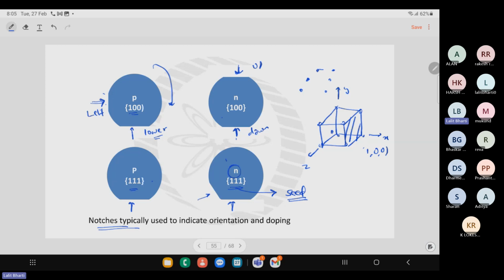This is basically your Miller indices, and the curly brackets give you the family of planes. So 111 means this triangle kind of plane. This is your 111 plane, and the direction is given by square brackets, 1 1 1. And this is your 100 plane. So it depends on the seed you choose and which kind of planes you have in your seed.